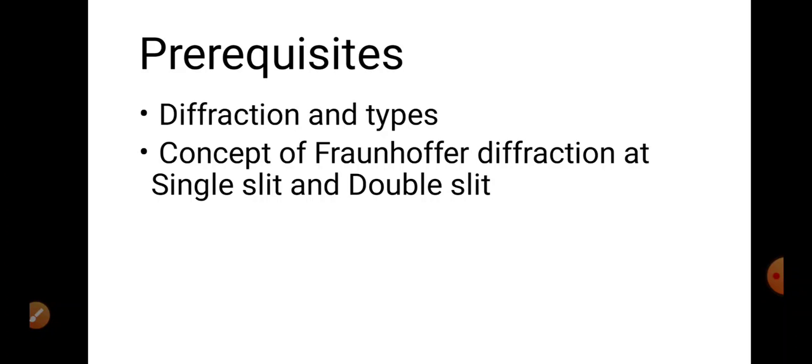The second one is the diffraction pattern due to the secondary waves from the two slits individually. So it is a different case, that is double slit diffraction. Here we obtain both interference phenomena and diffraction phenomena in case of double slit diffraction.